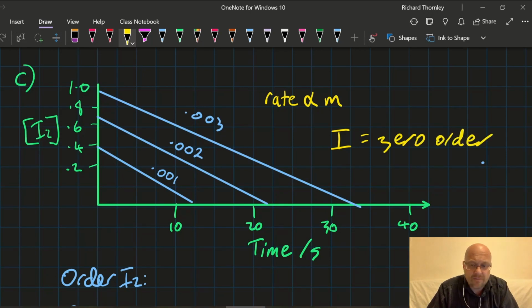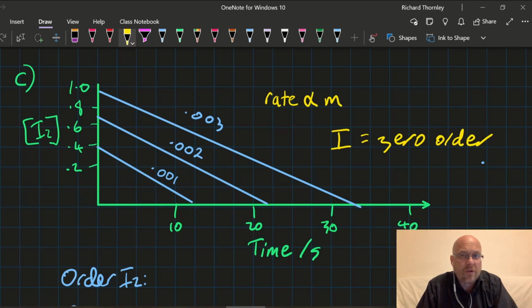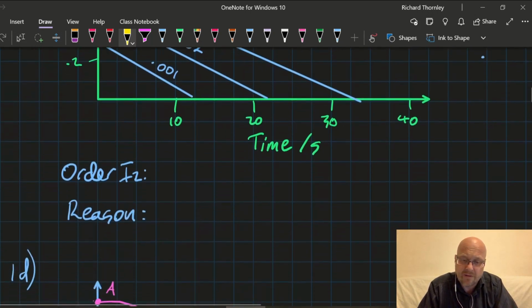And the reason is because as you change the initial concentration of the iodine, the rate is unchanging. Or we can just say the gradient's the same. So there's your 2 points there. 0 order, unchanging gradient.